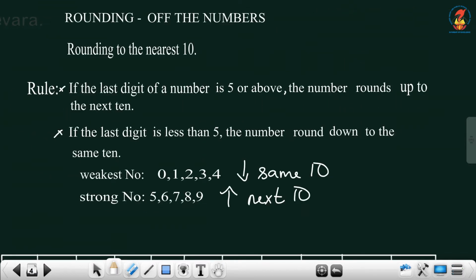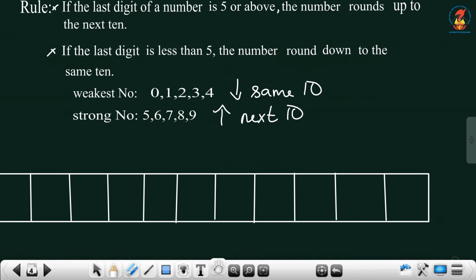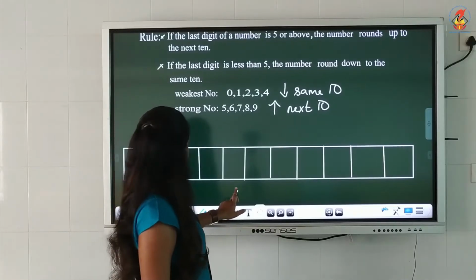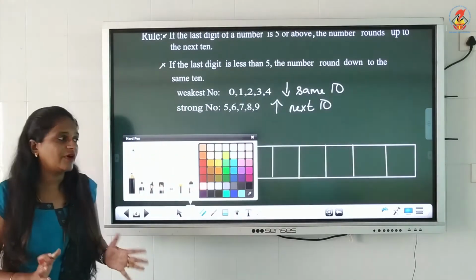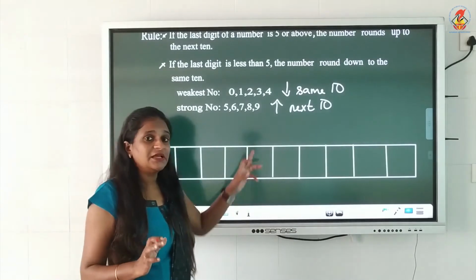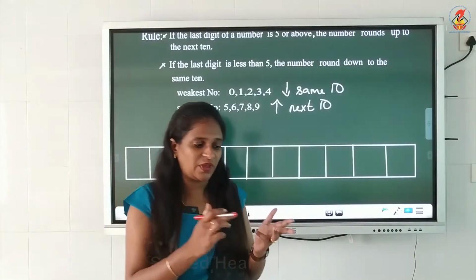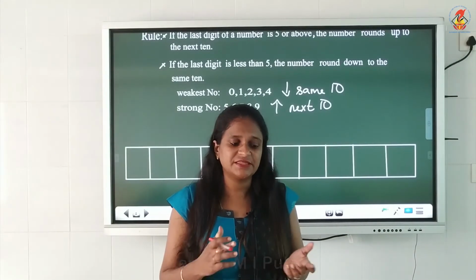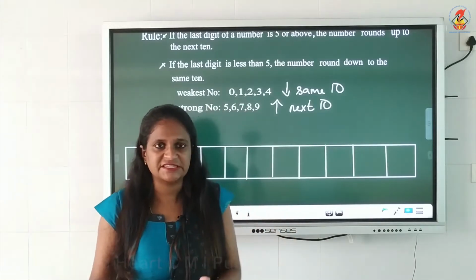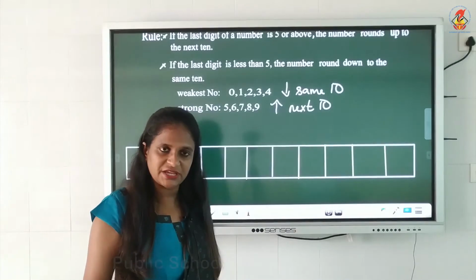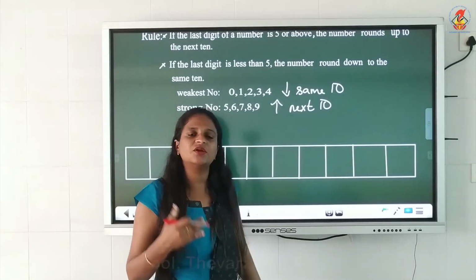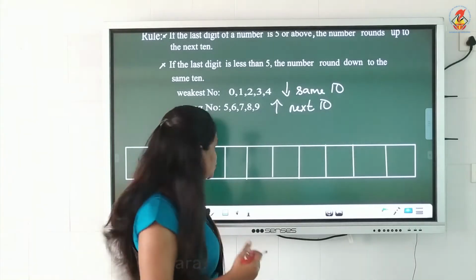Let's see with an example. I'm going to take 2 numbers. We have the tens, 10, 20, 30, 40, 50, 60, 70, 80, 90, 100, 110, 120, 130, like that it goes on.